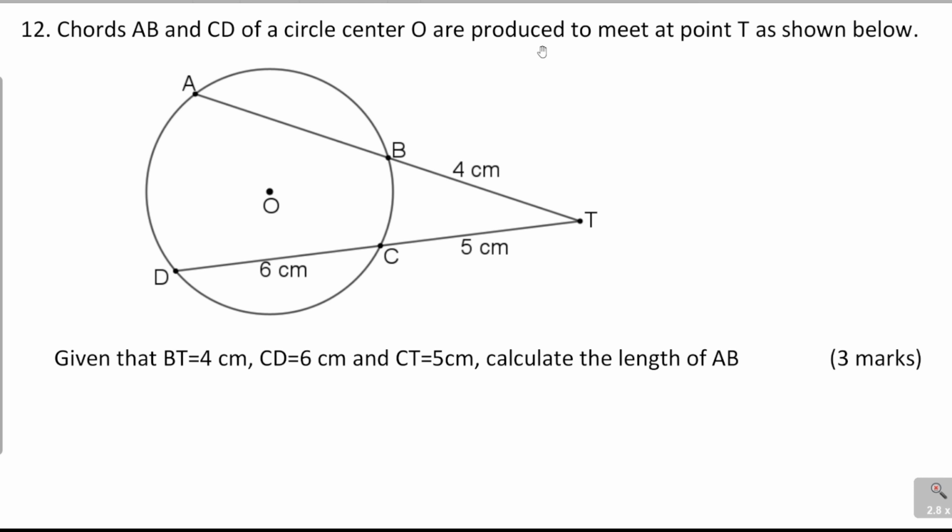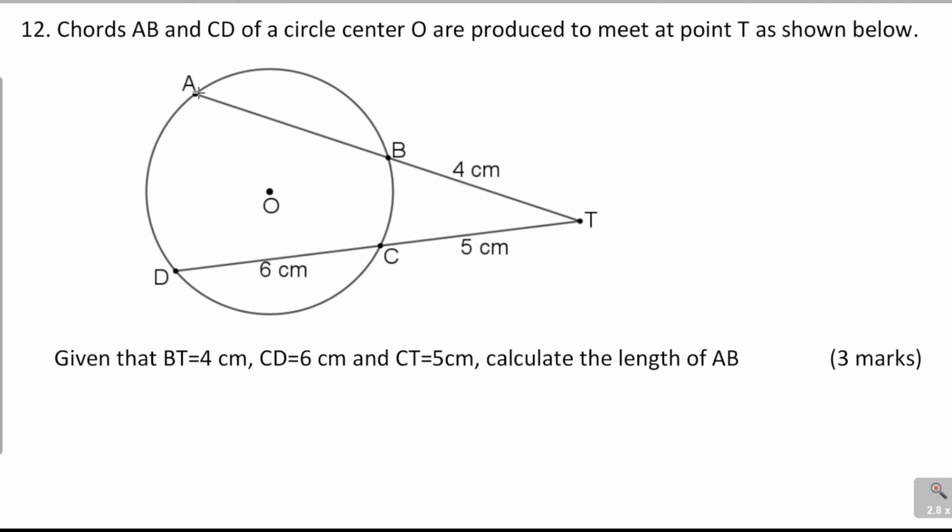And specifically, what you're going to use here is the property of the intersecting chords outside the circle. This chord AB and chord DC, they are intersecting outside the circle, that is at point T. So which property relates to chords that intersect outside the circle?